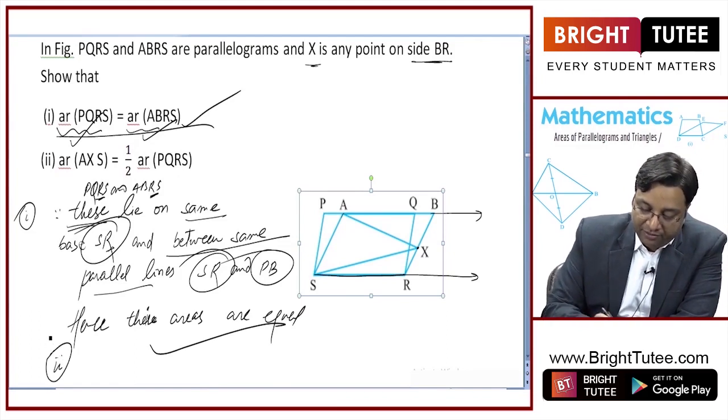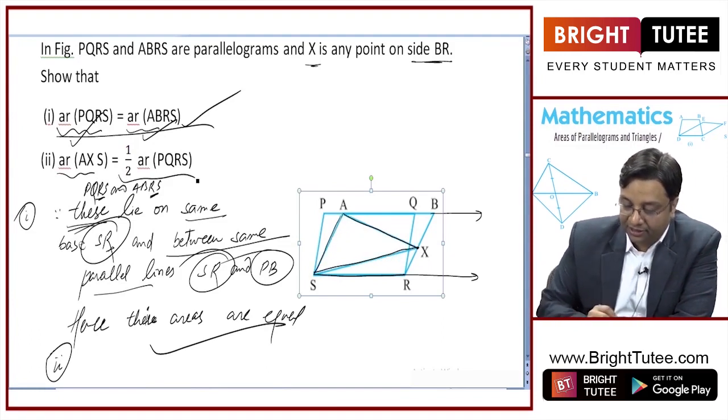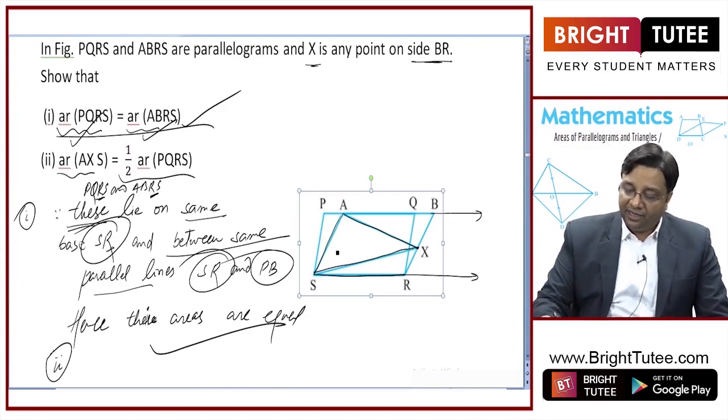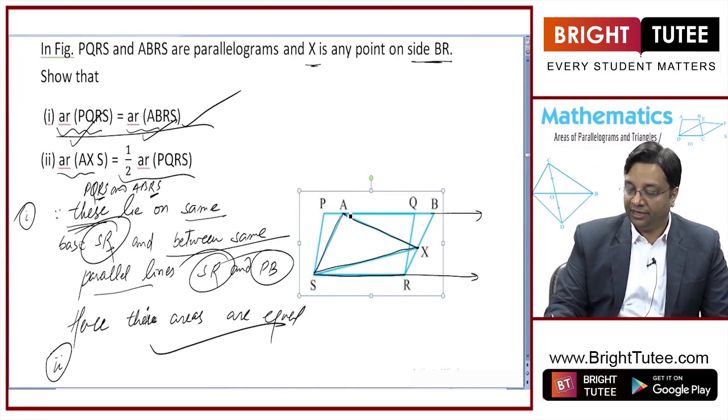In second part, we have to prove area of AXS, that is this triangle here, AXS, is half of area of PQRS. Now, look at this, area of AXS will be half of area of parallelogram ABRS. Why?